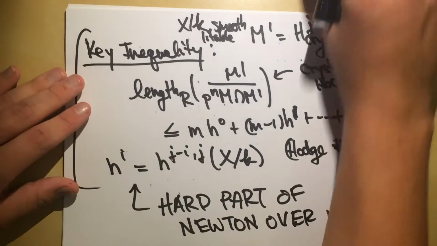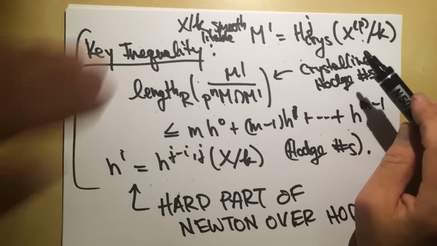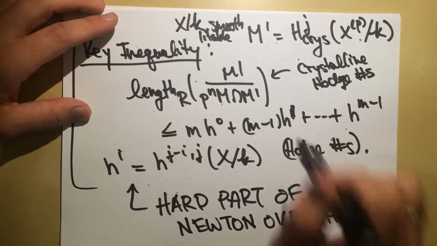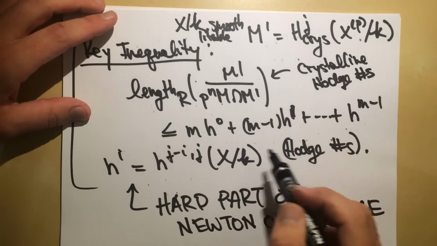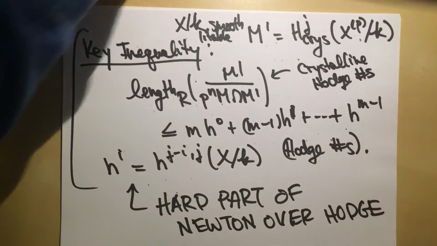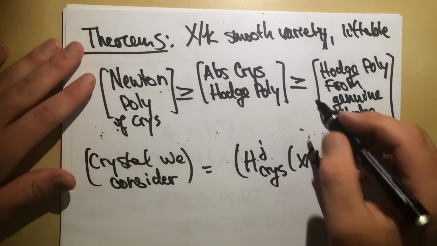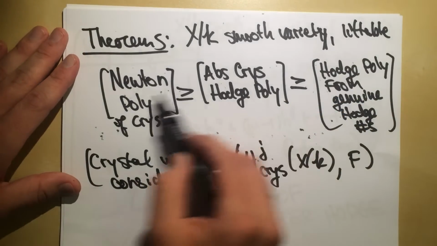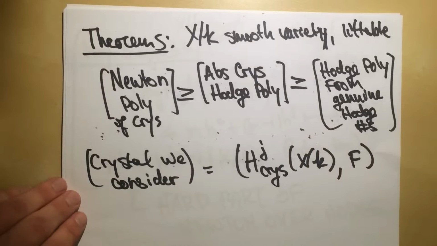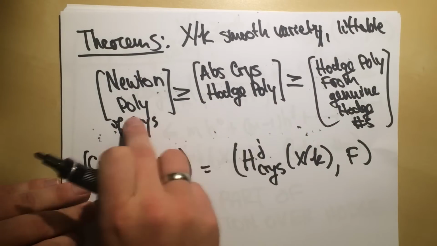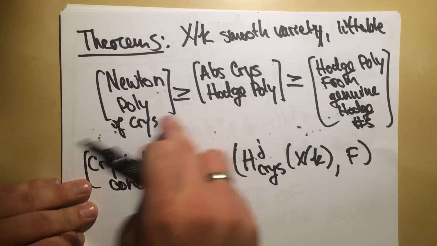In particular, when we have the crystal associated to crystalline cohomology, we'll be able to compare it to the actual Hodge numbers, so the crystalline Hodge numbers will be related to the Hodge numbers. Where does this go? Let's go back to here. This inequality is going to be a consequence of linear algebra essentially. This part here is linear algebra, and I'm going to explain this.